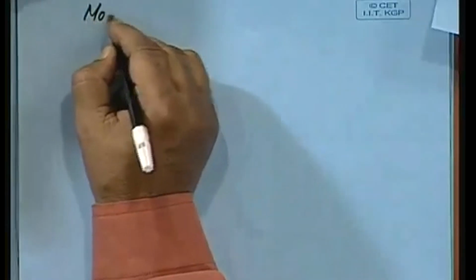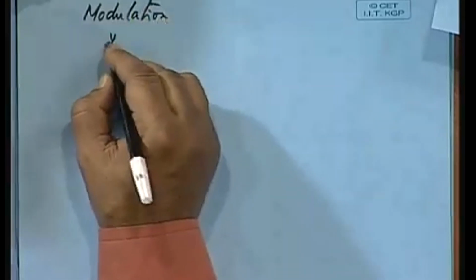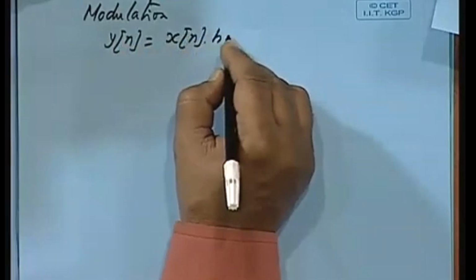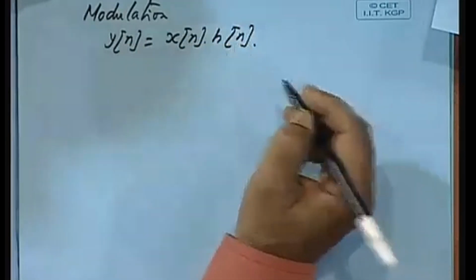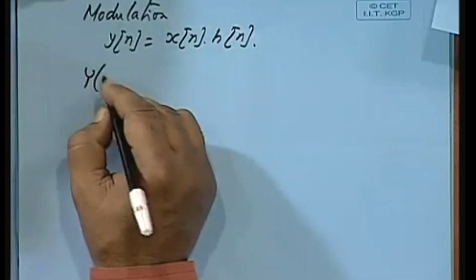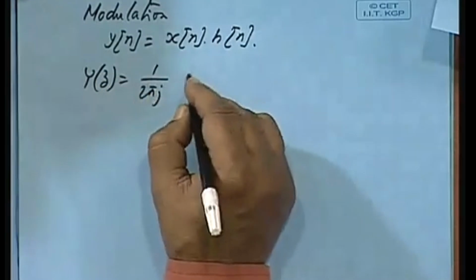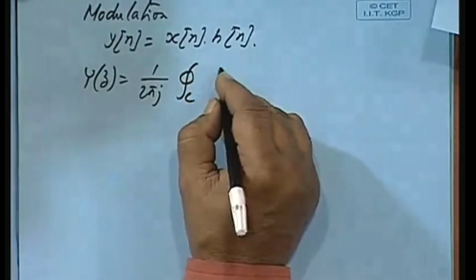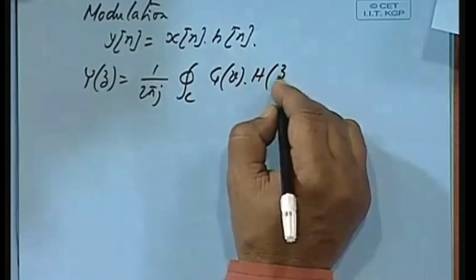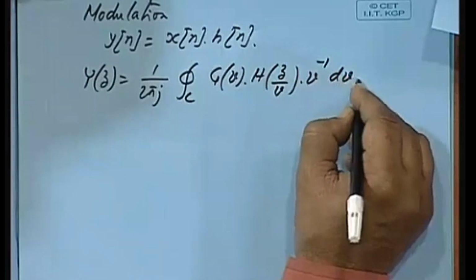Then modulation, that is y n is x n into h n. Then y z will be 1 by 2 pi j integral of g v h z by v, v to the power minus 1 dv.